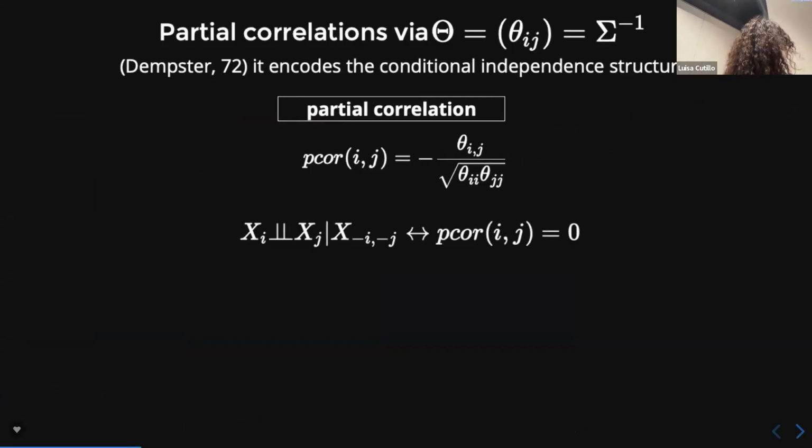It can be shown that for each two nodes i and j, they are conditionally independent given all the others if and only if the partial correlation is 0. So we like this property. We know that if we compute that inverse, all the 0s will correspond to conditional independence.